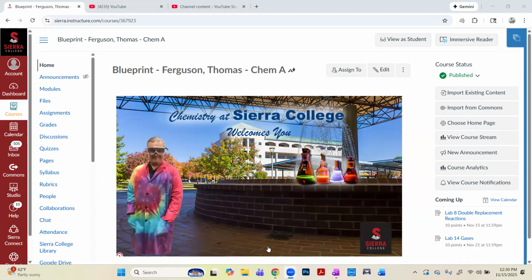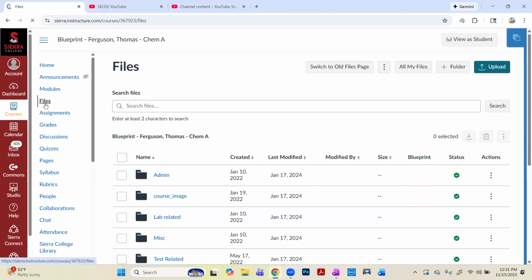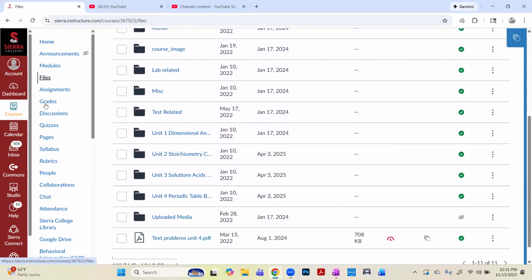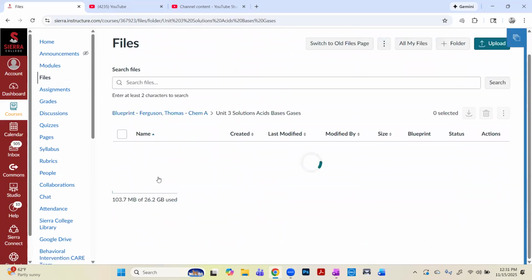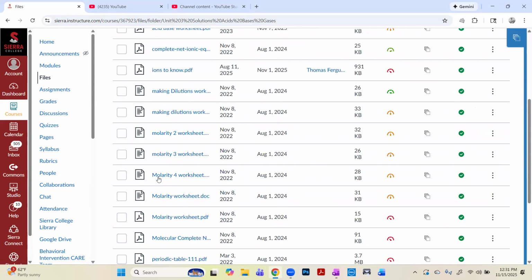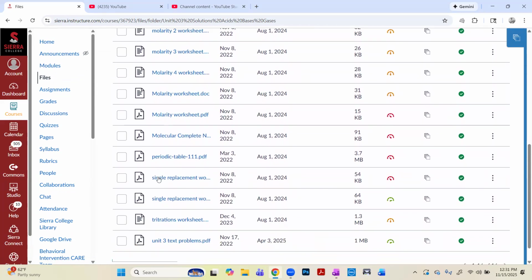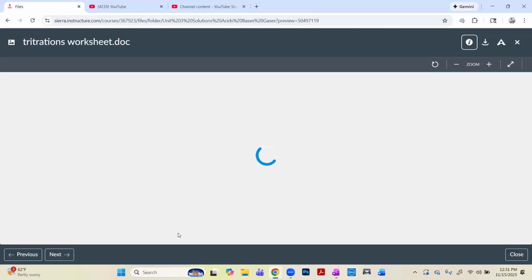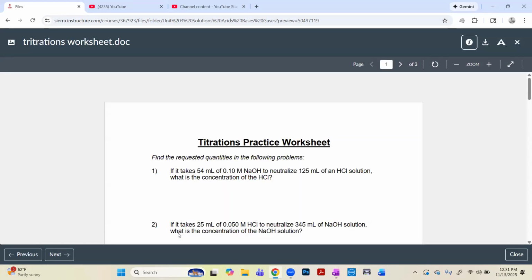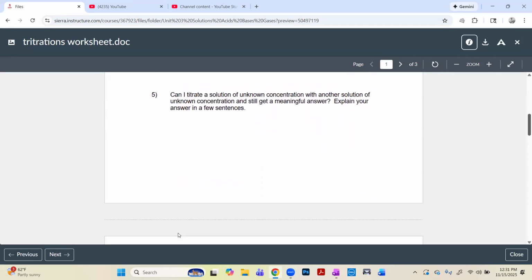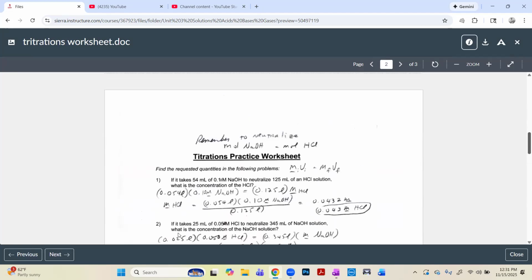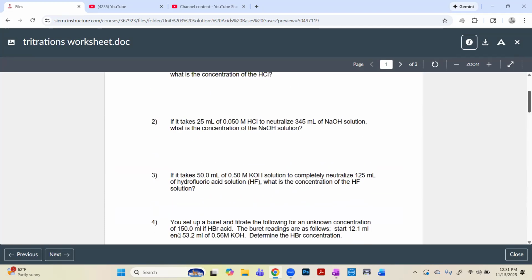We're going to go to Files, Unit 3. These are questions and answers for titration, where there are 5 problems.